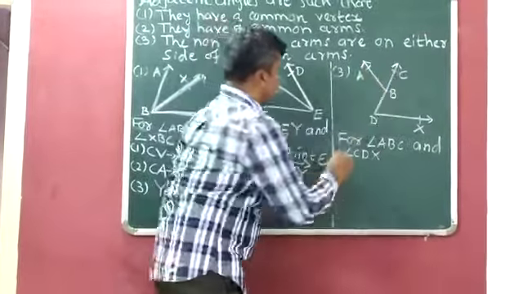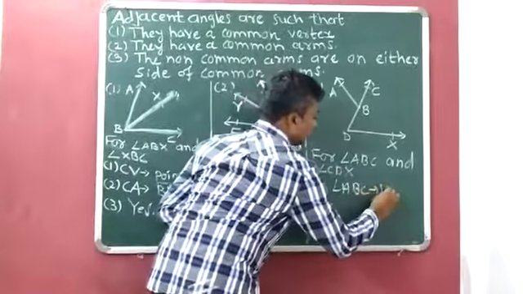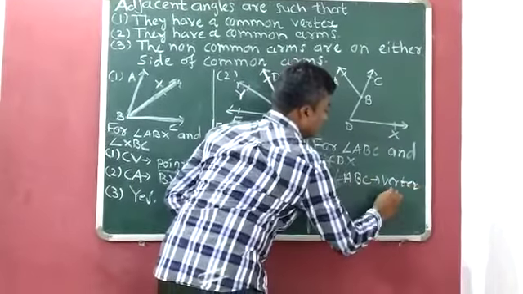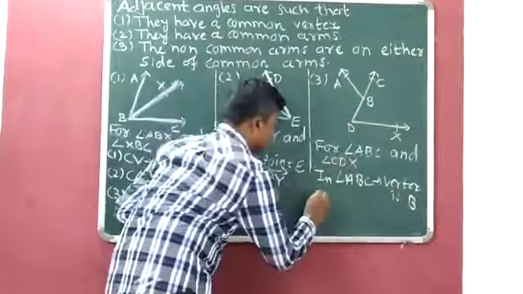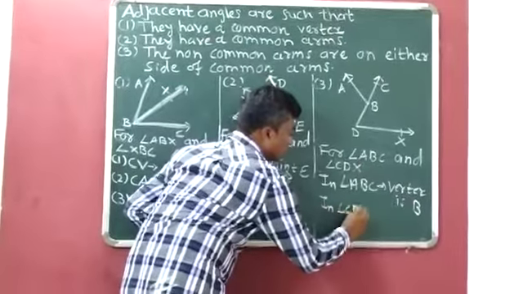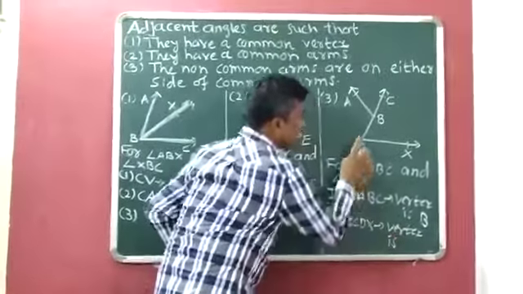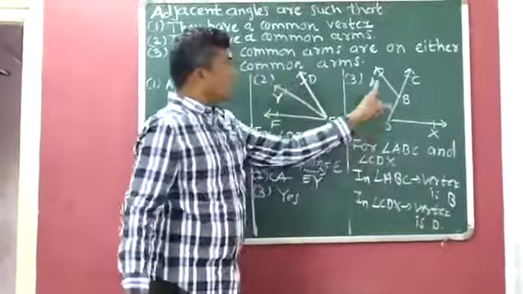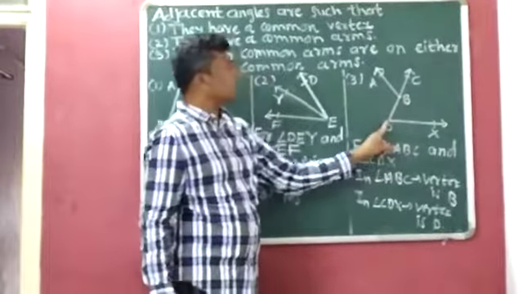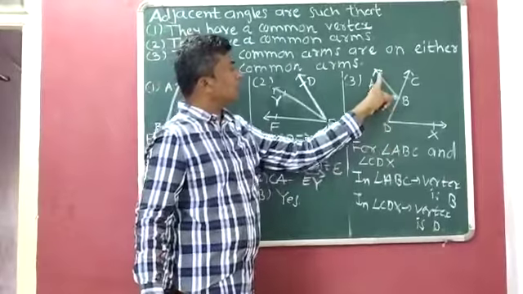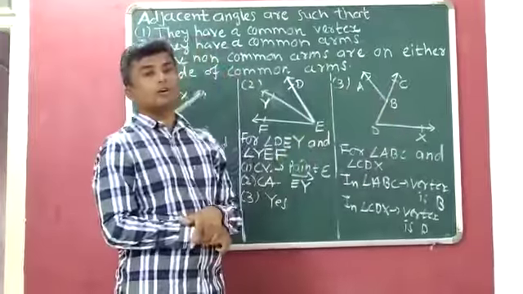In angle ABC, the vertex is B, and in angle CDX, the vertex is point D. It means both angle ABC and angle CDX do not have any common vertex.